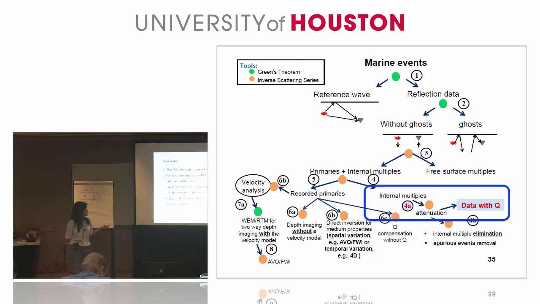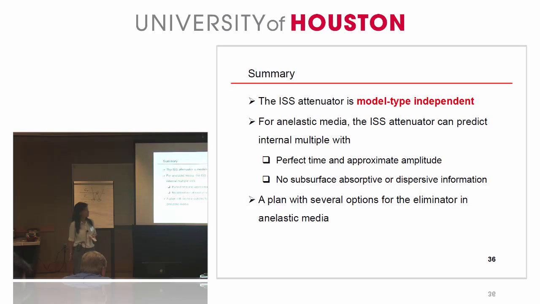So until now we have seen how the internal multiple attenuation algorithm performs for data with Q absorption, and I'd like to give you my summary. First, this work contributes to the understanding that the ISS attenuator is model type independent, which is provided by Weglein and his colleagues. Second, if you are applying the inverse scaling series internal multiple attenuation algorithm in a case where the Earth is absorptive and dispersive, you can have confidence that the time will be predicted exactly and the amplitude will be approximate.